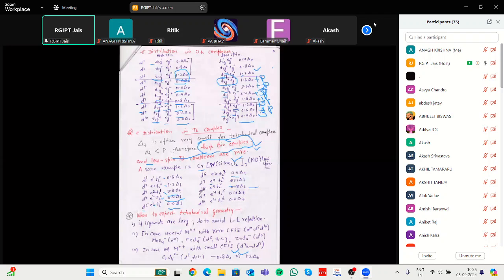After that, in case of a d8, we can count 4 and 2, minus 0.6 into 4 and 0.6 into 4. That is total 0.8 Δt. After that d9, 4 and 5, means total 0.4 Δt. In case of a d10, this is 0.